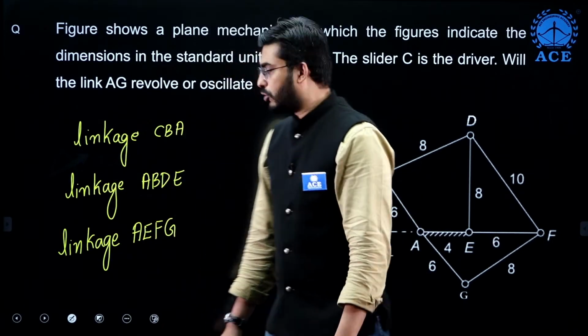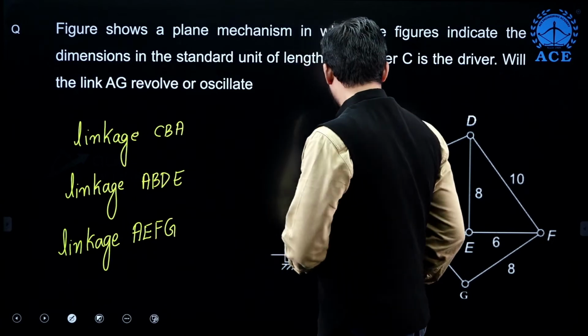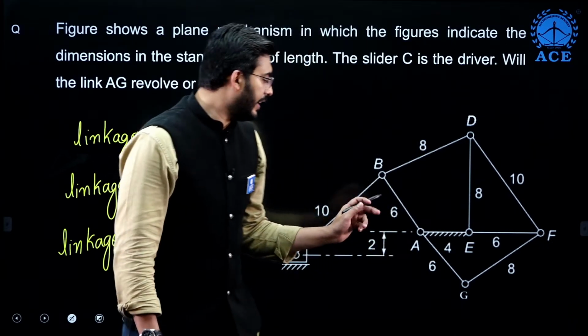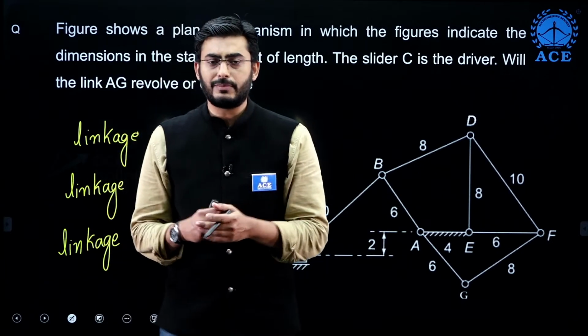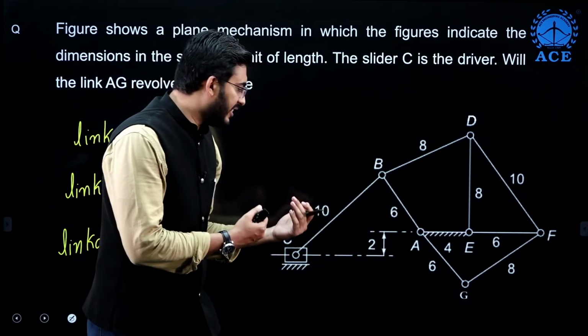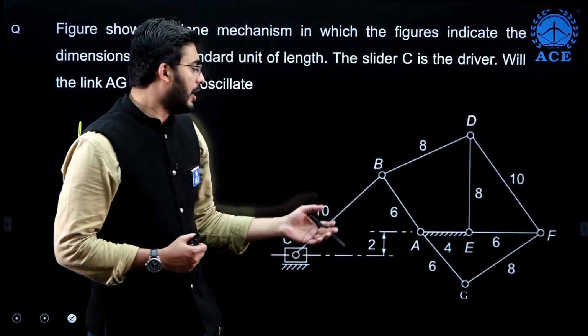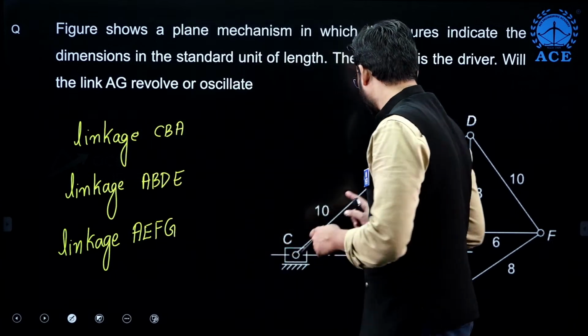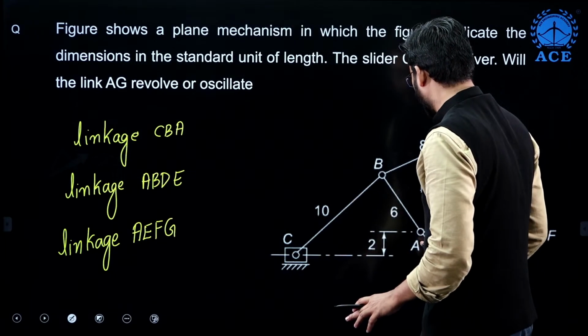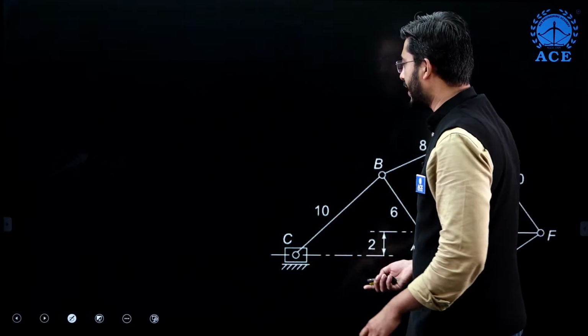All right. So now, first let us try to understand whether this linkage A, B and C is a crank slider mechanism or not, or whether this is a Grashof linkage or a non-Grashof linkage. First I am disintegrating A, B and C from the mechanism.